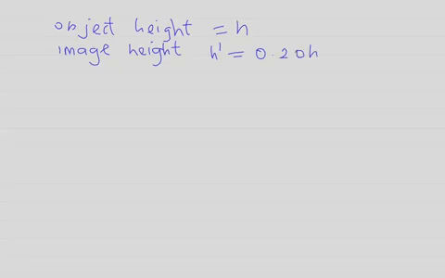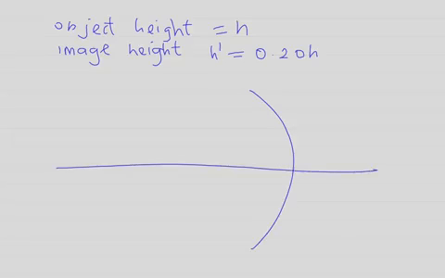Now we know that they have the same orientation. That means if the object is erect, the image is also erect. From the previous lesson, we know that a concave mirror usually produces an inverted image.